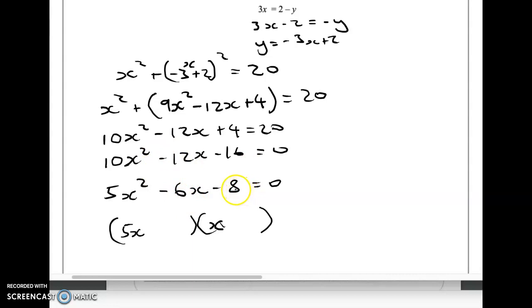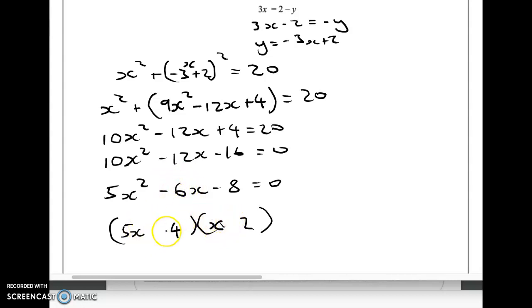2 and 4. So you can get minus 2 times 5x to make minus 10x. And then the 4 times x is 4x. Add it. Yes, so it's 2 and 4. So that means the 2 is going to go here, and the 4 is going to go here. Because this times this is 10x, this times this is 4x. 10x and 4x can make 6x.